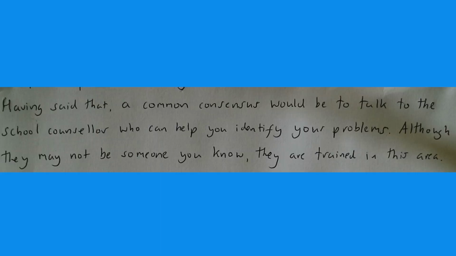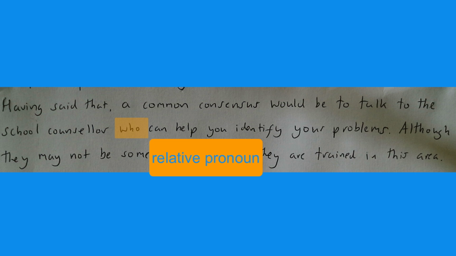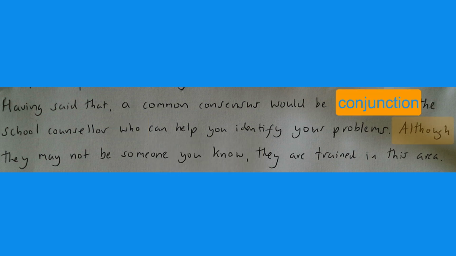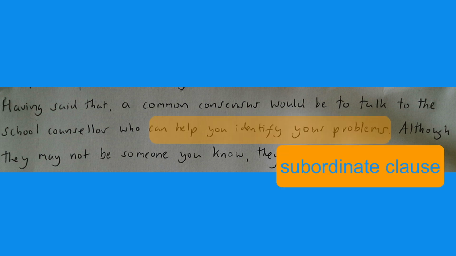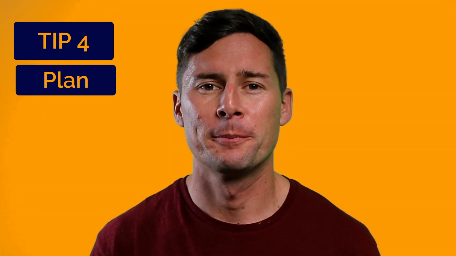I've used a transitional phrase here, a relative pronoun here, and a conjunction here. In doing this, I have also created some subordinate clauses here and here. So those are just 4 examples of connecting devices, but there are also many more out there for you to use as well. And so, on to my last tip.